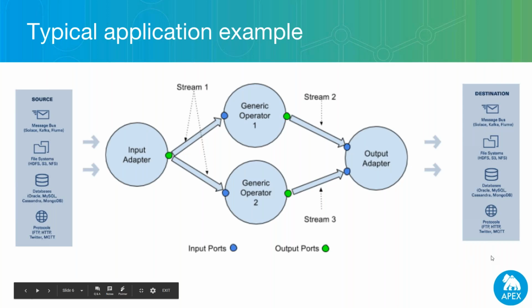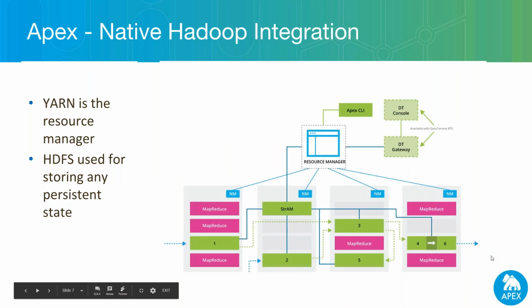Now let's move on to how Apex is a native Hadoop application. Let's take a 4-node cluster, and once you launch the application, the cluster looks like this. Here the green rectangles represent the operator containers. So 1, 2, 3, 4, 5, 6 are the operator containers, and one of the containers holds the STRAM, which is the streaming application master.